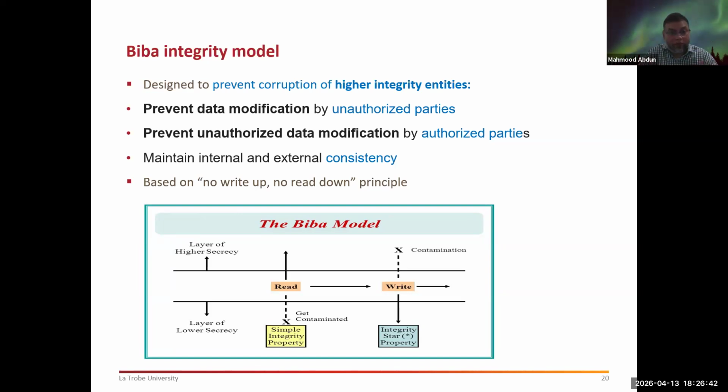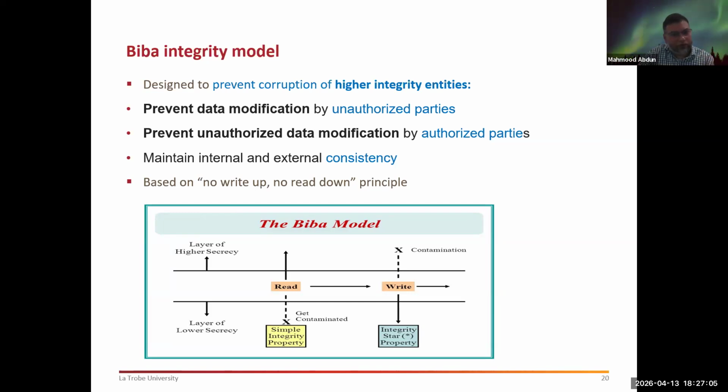Maybe immutability, whether it's allowed to be changed at all, right? So there are many different aspects of integrity, but we are dealing with a system which does not allow contamination or anything that affects the integrity. We don't allow that. And how does it work?